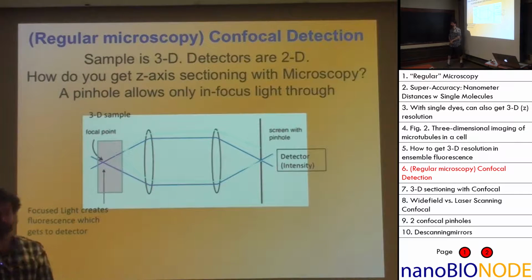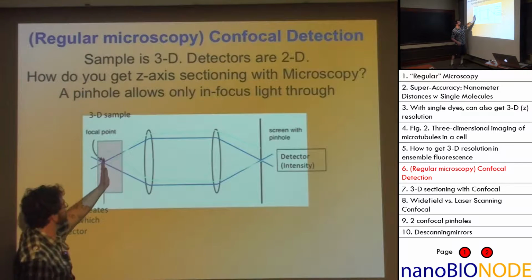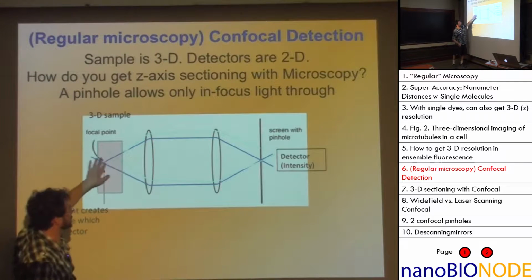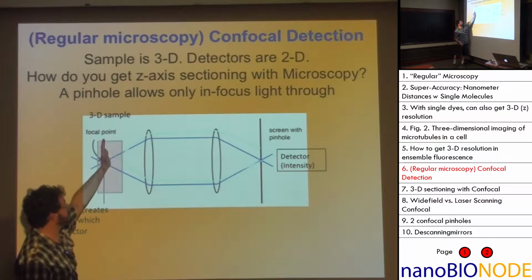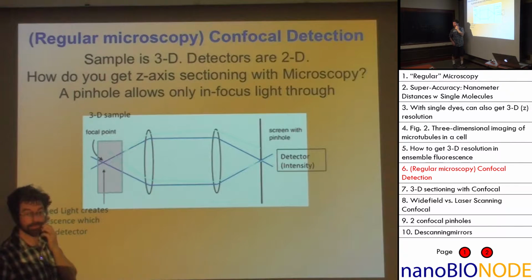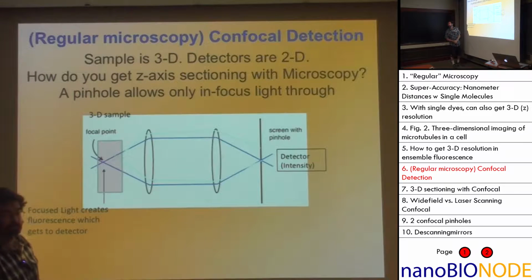So if it's on that plane, like let's say it's on the one plane, we're going to call this the z-axis. So in the same z-axis, is it going to come perfectly into the pinhole? Ah, good.